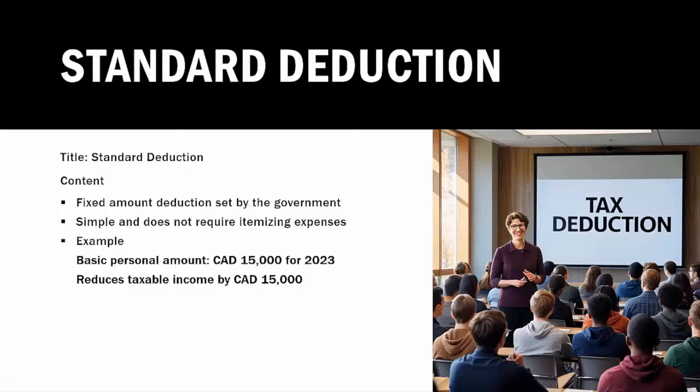However, there are basic personal amounts and other non-refundable tax credits that function similarly by reducing taxable income. For instance, the basic personal amount for the 2023 tax year is $15,000. This means every taxpayer can deduct $15,000 from their income, reducing their taxable income by that amount.